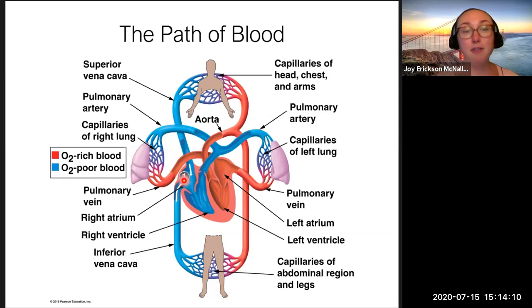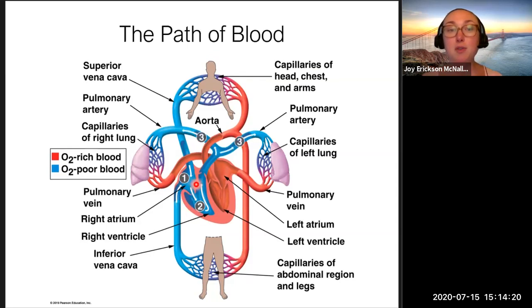Then we have part 2, the right ventricle pumps the oxygen-poor blood into the pulmonary arteries, and they go left and right to each of our lungs. At our lungs, part 4 here, blood flows through the capillaries in your lungs where CO2 goes out into your lungs and oxygen comes into your blood.